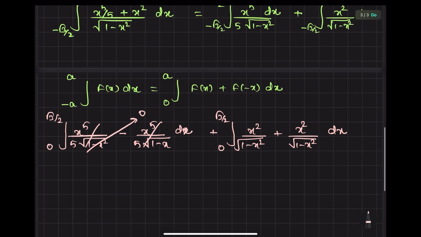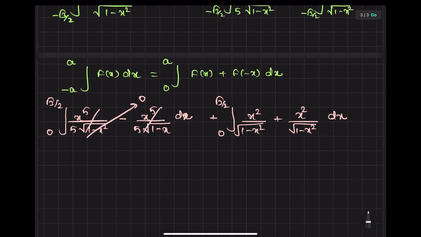So our question will be converted into 2 times the integration from 0 to root 3 by 2 of x square by root over 1 minus x square.